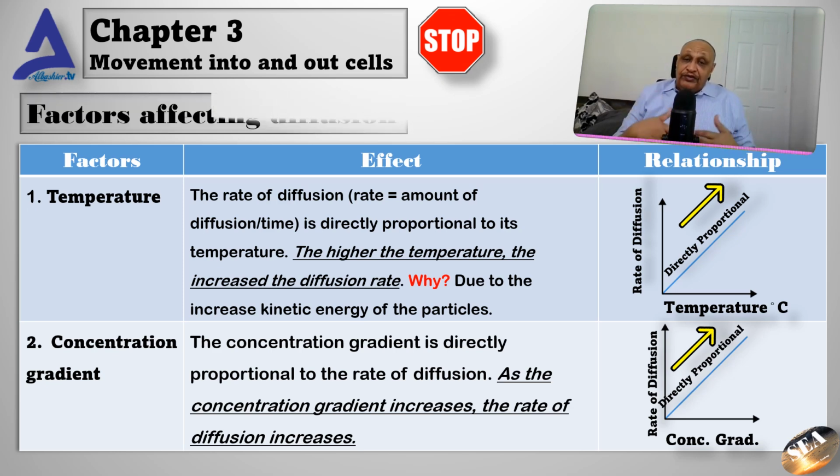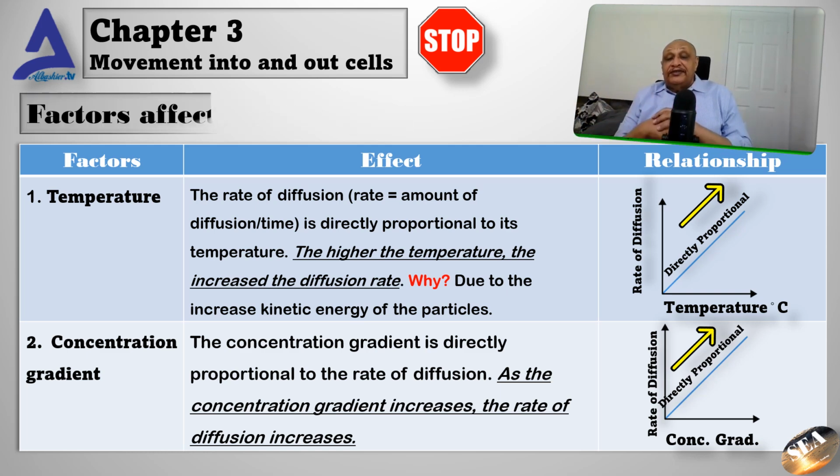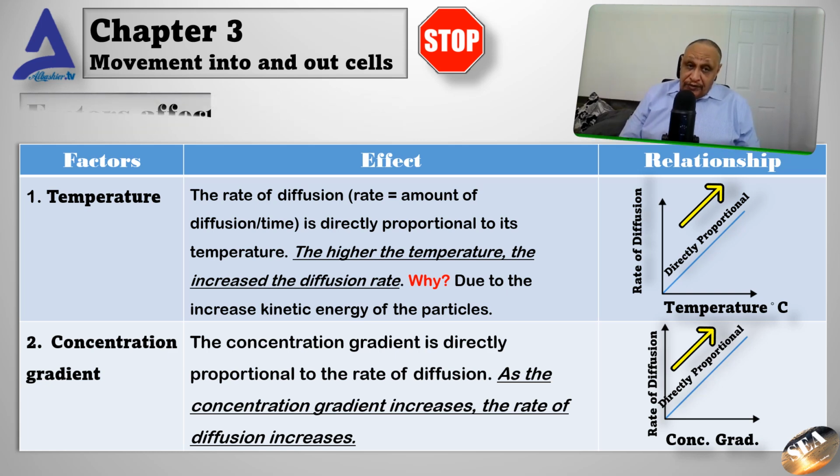The rate of diffusion means the movement of particles from high concentration to low concentration, down the concentration gradient, per time. And time here may be a second, a minute, or an hour. It depends upon what time is given to you.